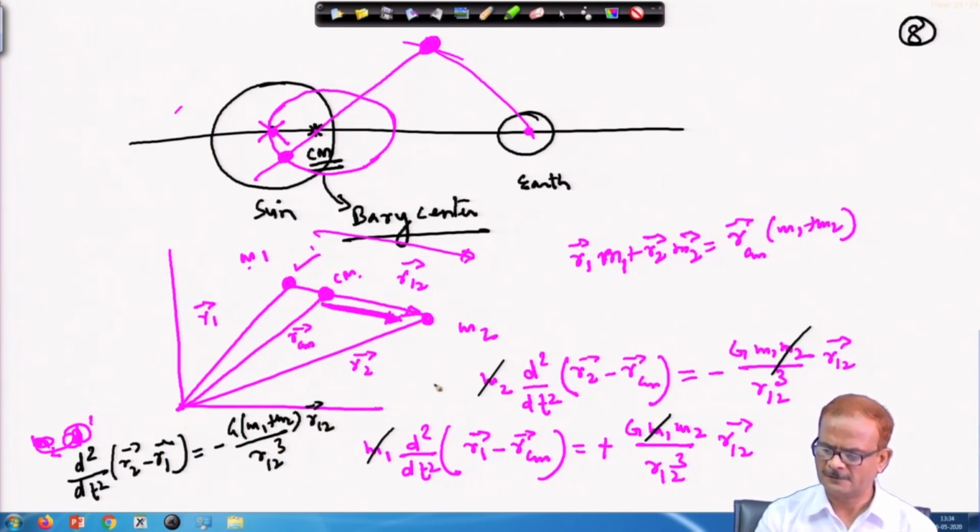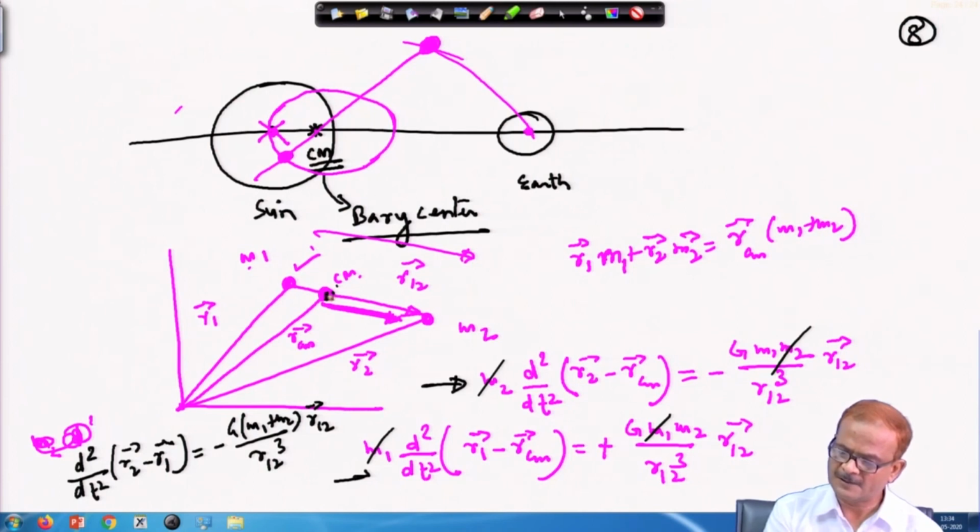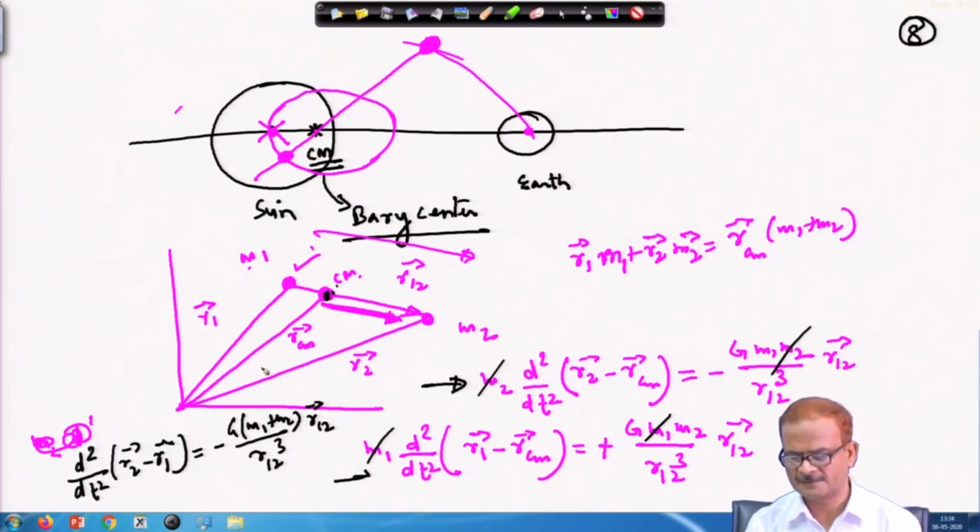So with respect to the center of mass, why can we write the equation directly? Because the center of mass is non-accelerating in this case.